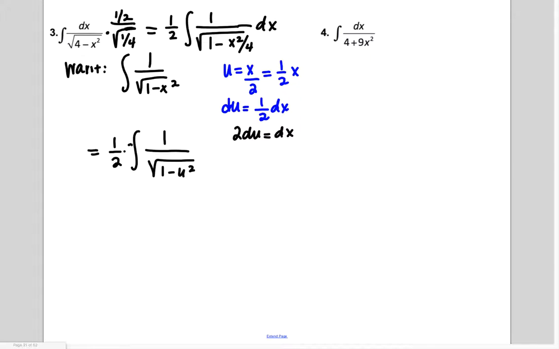So I'm going to multiply by 2, which cancels those out, right? So I get inverse, oops, almost wrote tangent, inverse sine of u plus c, which is inverse sine of x over 2 plus c.